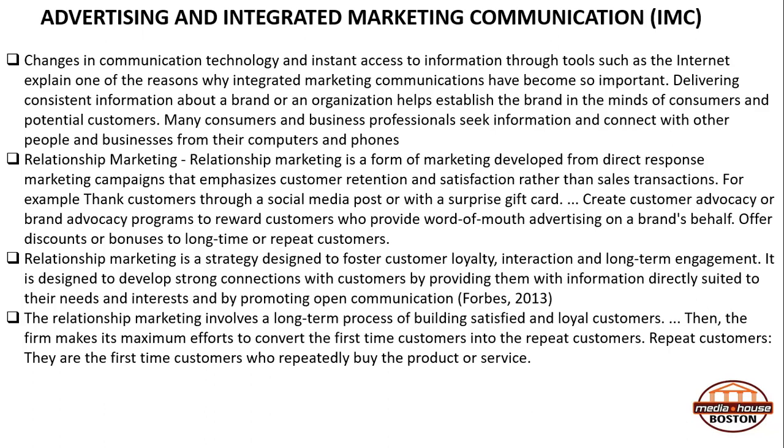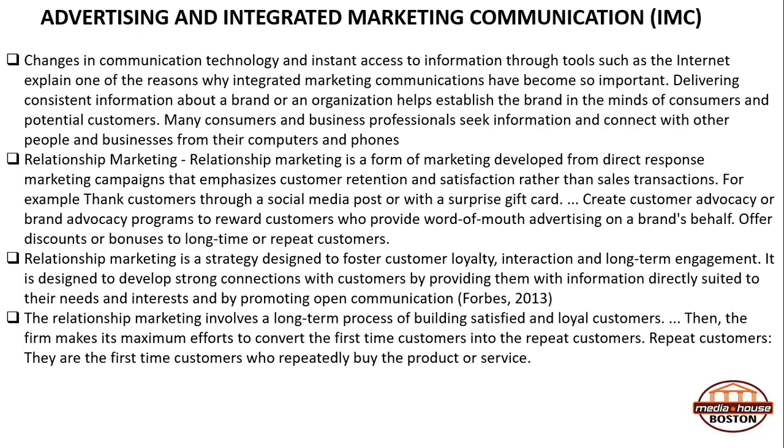So relationship marketing is designed to develop a strong connection with customers by providing them with information directly suited to their needs and interests, and by promoting open communication. Relationship marketing involves a long-term process of building satisfied and loyal customers. Then the organization or the company makes its maximum effort to convert first-time customers into repeat customers.